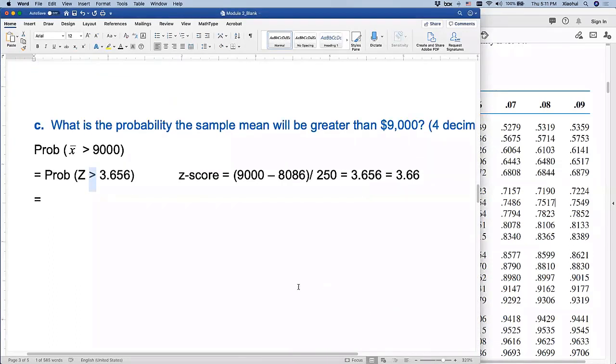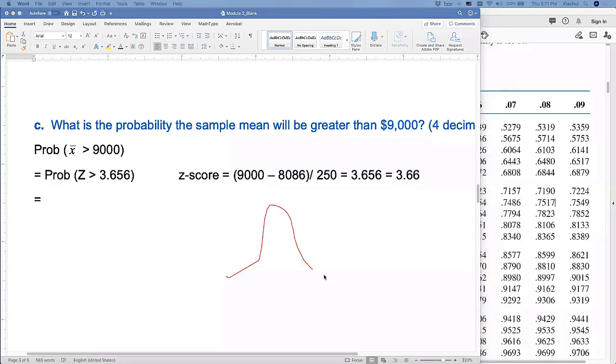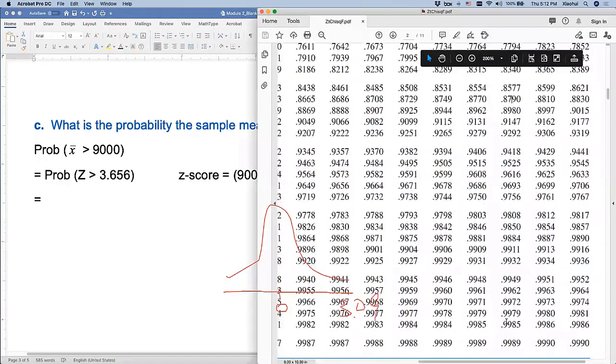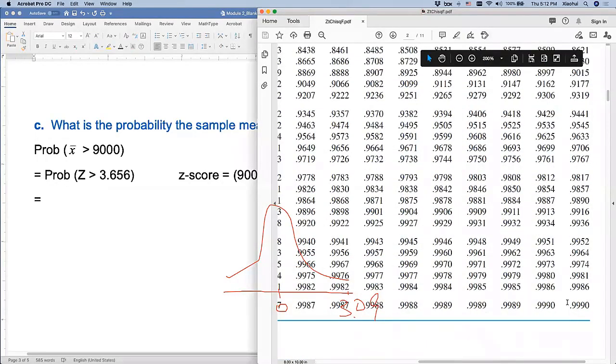I'm going to use an annotation here. This is a standard normal, standard z. The largest one we have is 3.09. According to the table, the area to the left of 3.09 is 0.990.